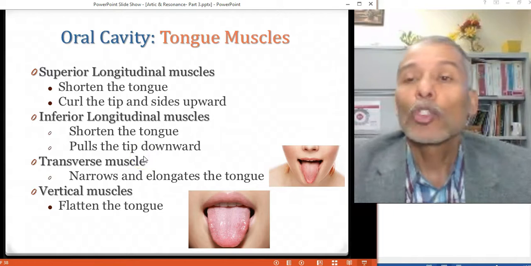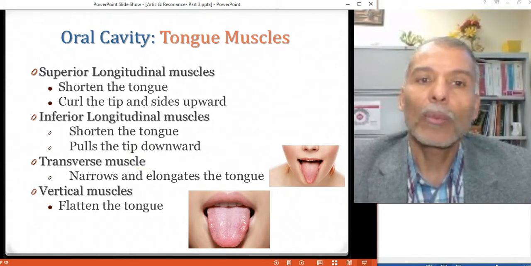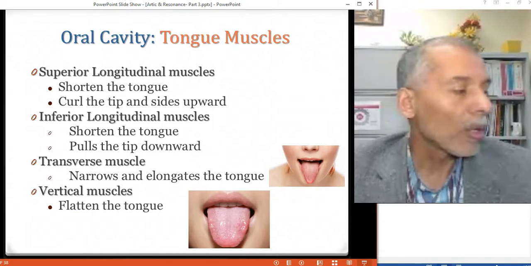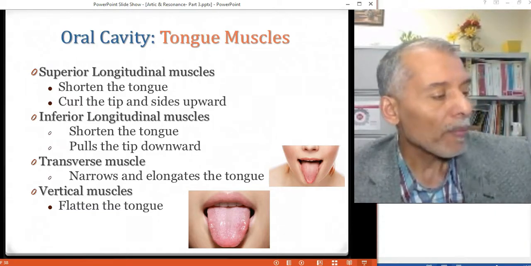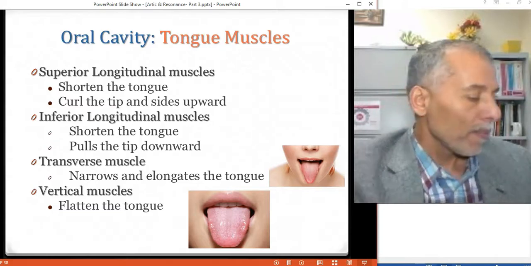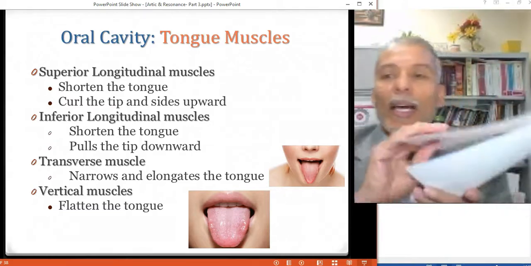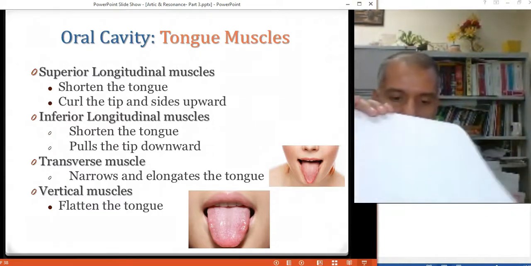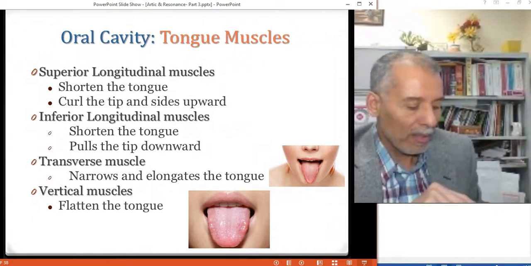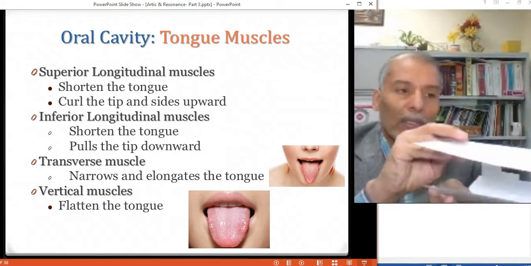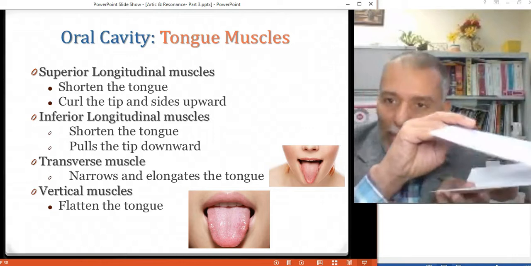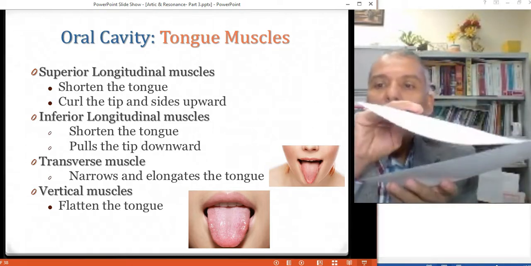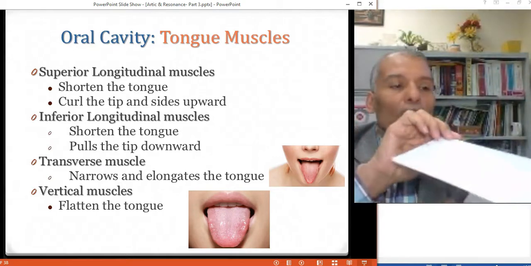Now, how does the superior longitudinal muscle behave? How does the inferior longitudinal muscle behave? Because they are connected at the tongue tip in the front, when you contract one side, the superior longitudinal muscle, it's going to move the inferior one.